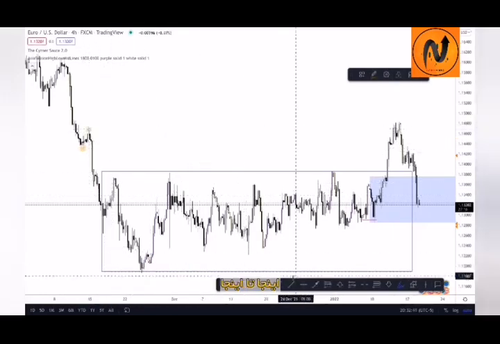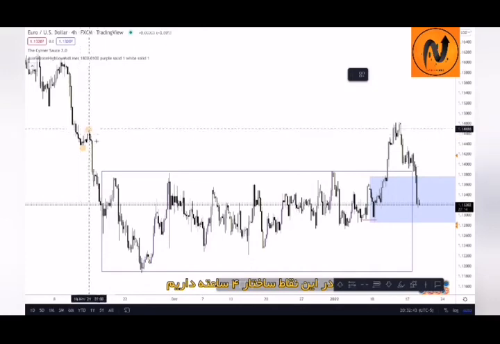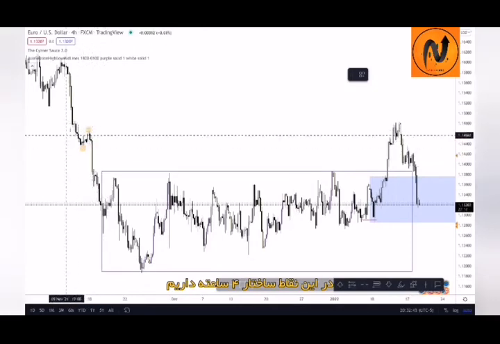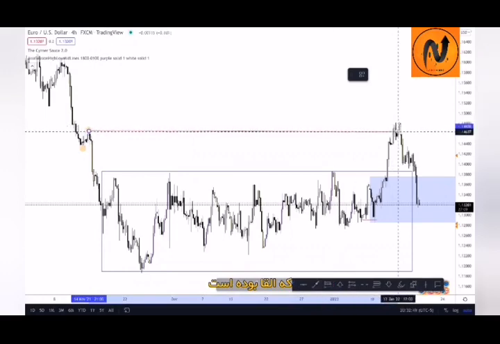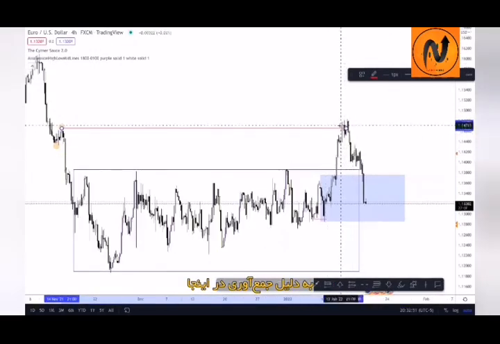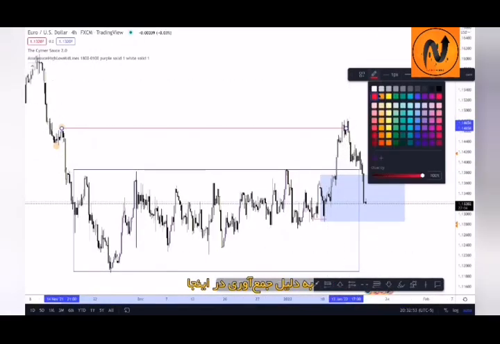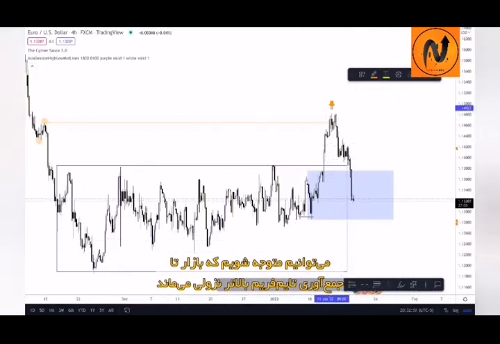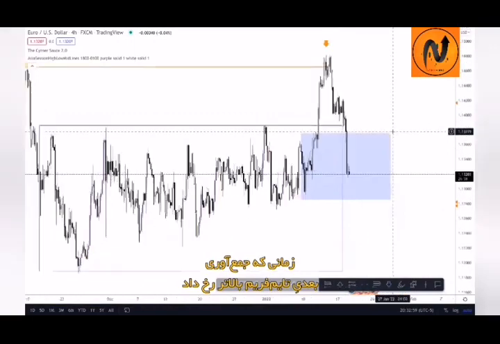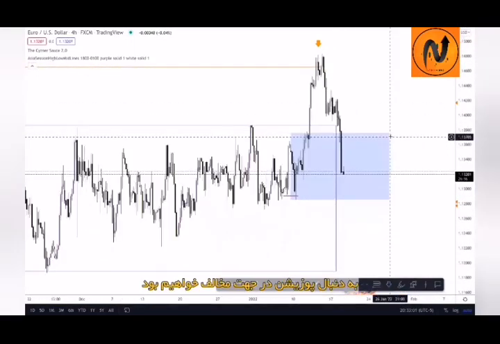Here to here, we have an hourly or 4-hour like structure coming in around this point, which was an inducement. Because of this sweep here, we could understand that the market will remain bearish until our next high time frame sweep. So until we have that next high time frame sweep, that's when we're going to look to go the opposite direction.